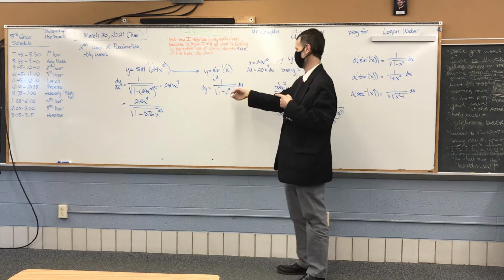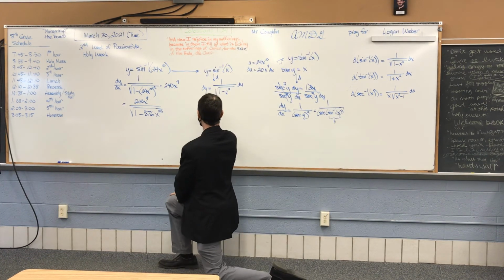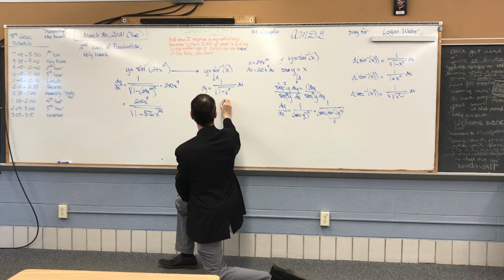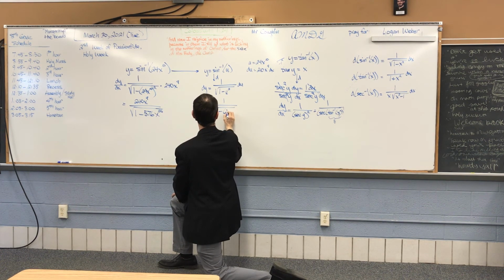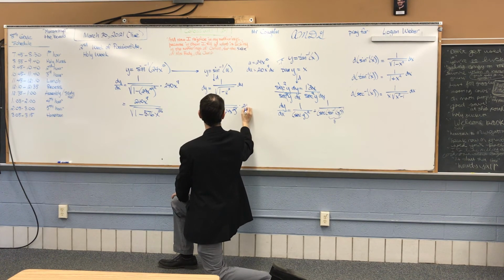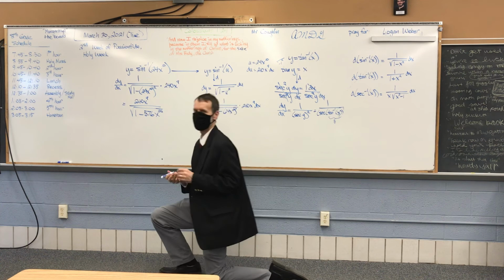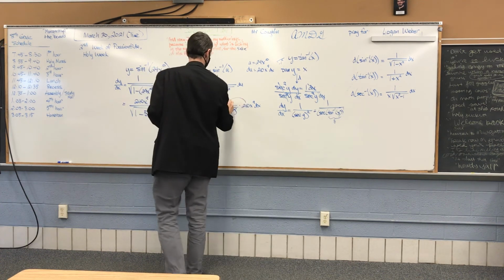Just plug the stuff back in. So dy is equal to 1 over radical 1 minus 24x to the 10th squared, times 240x to the 9th dx. You done? I would just kick this on top and make it look nice.